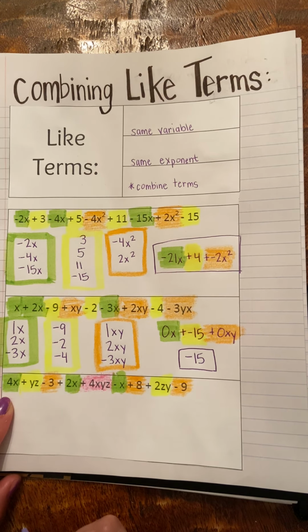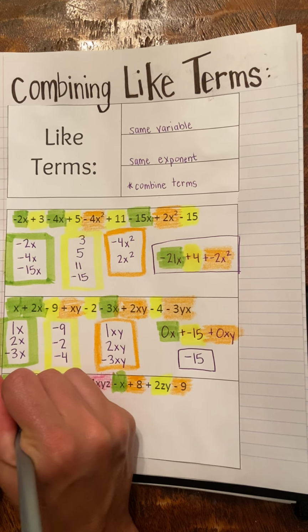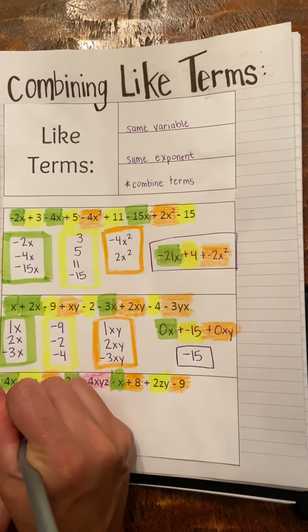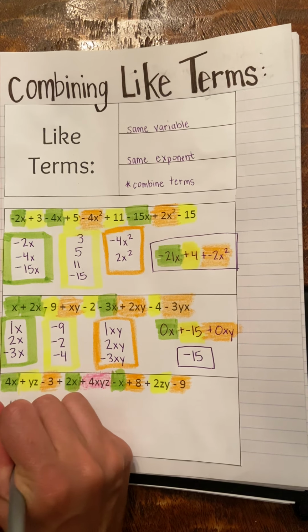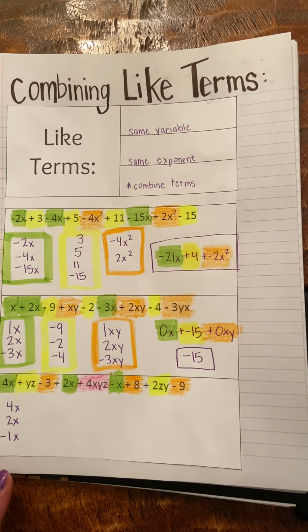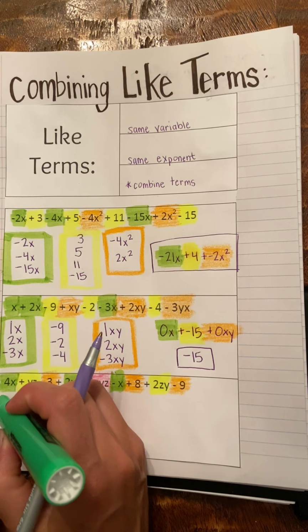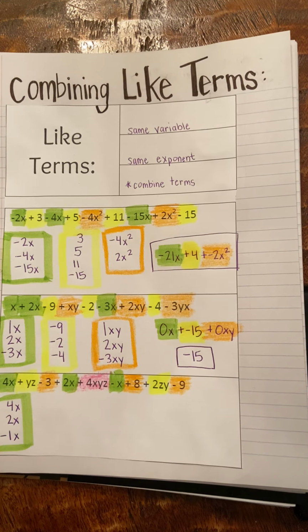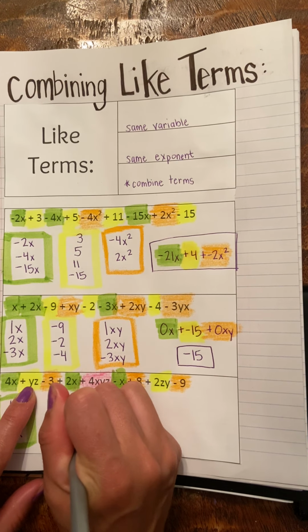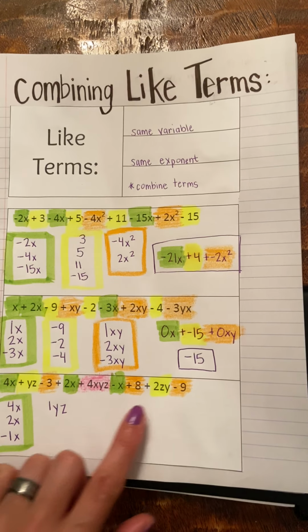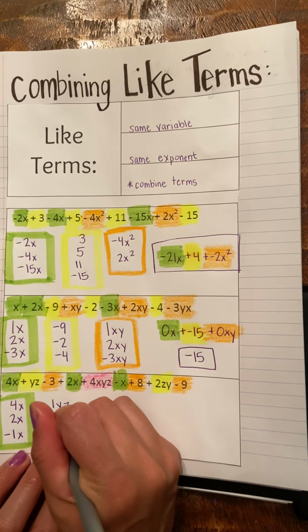So ready? We're going to do all the green ones first. 4x, 2x, and a negative 1x. Okay, green is done. Yellow, yz, and there's a 1 in front, and then a 2zy.